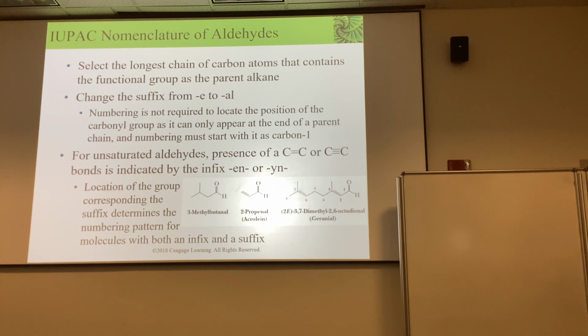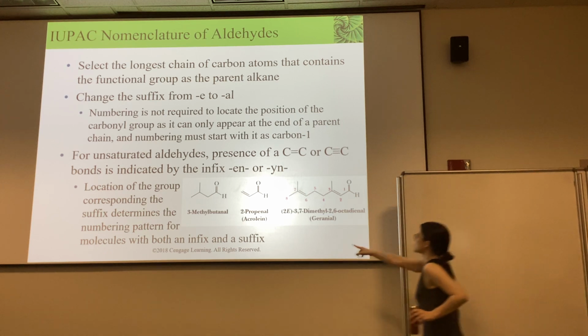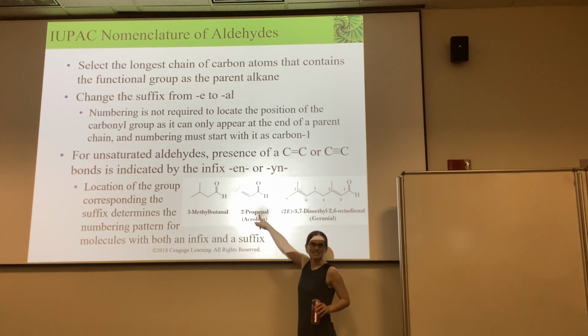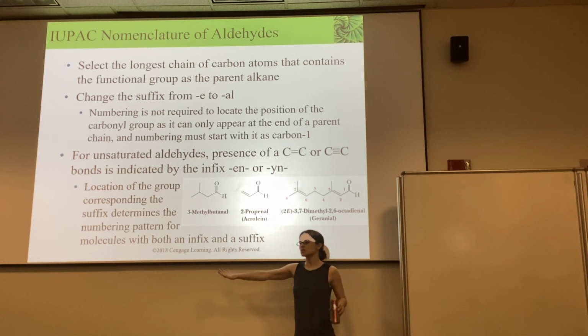Because these are aldehydes, if there's just one thing that you're putting a number on, even a double bond or triple bond, you can just put the number at the beginning, because it can't be referring to the aldehyde. The only thing that this 2 could be referring to here is the double bond, because aldehydes don't get numbers, ever. They're always 1, no matter what.